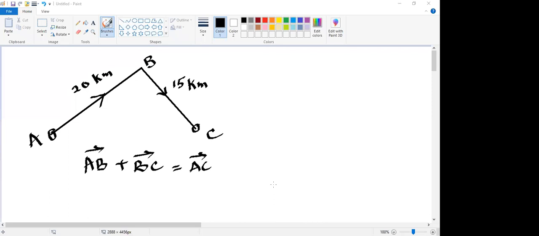So we have seen that when quantities involve both the magnitude and the direction, those quantities are vector quantities. What happens if the quantity does not involve both? What do we call the quantity that involves just the magnitude?